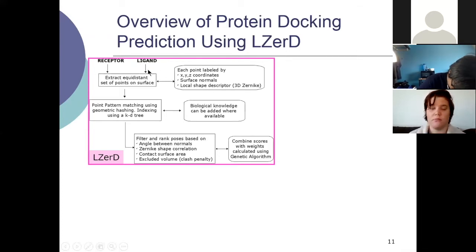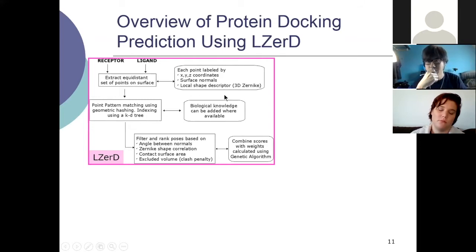Then we spread points on the surface, and for each point we compute normal vectors and 3D Zernike descriptors, and then do a conformational search using a technique called geometric hashing. Geometric hashing is a fast way of doing the docking.